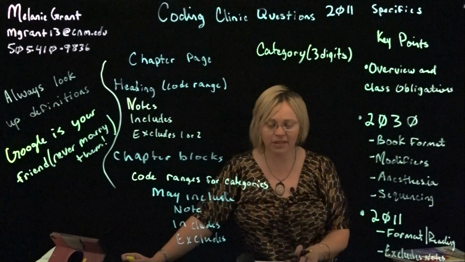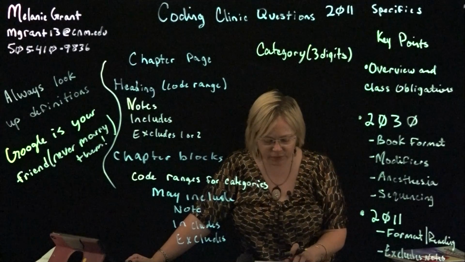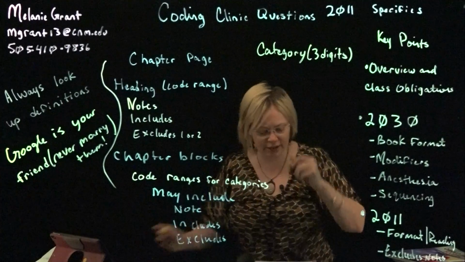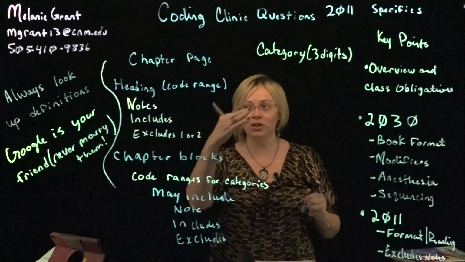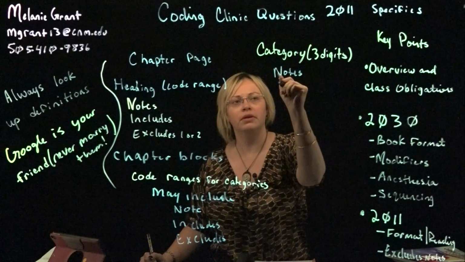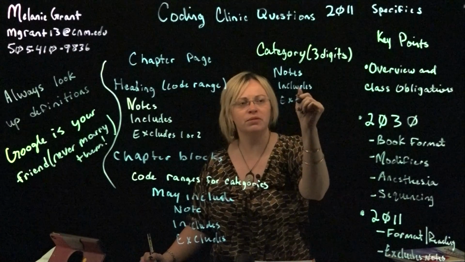Always be wary about that unless you were looking at that codes for a specific purpose. It does have an excludes 1 note. Okay, so again, here's the third place you may find notes, includes, and excludes notes.